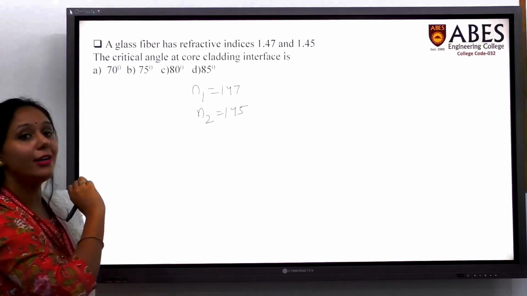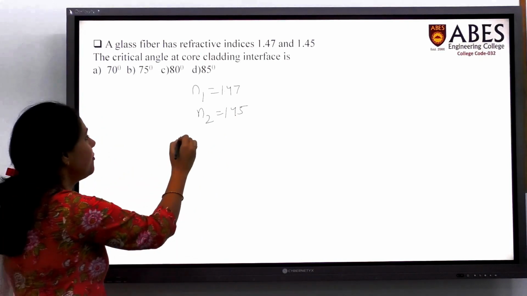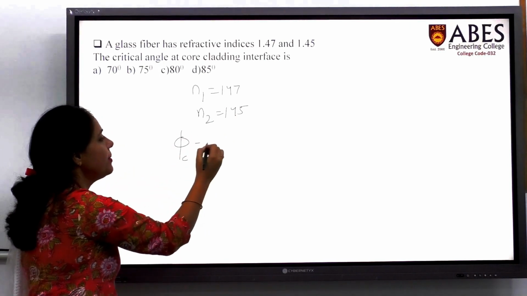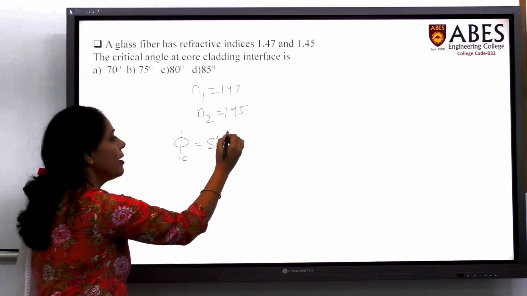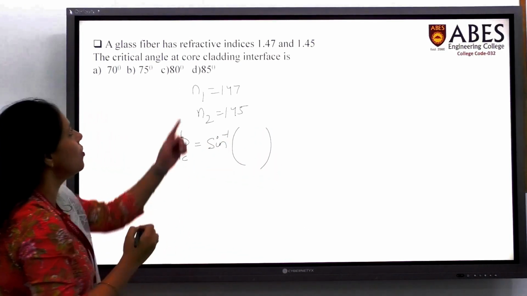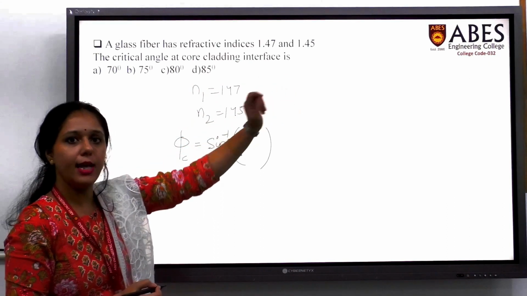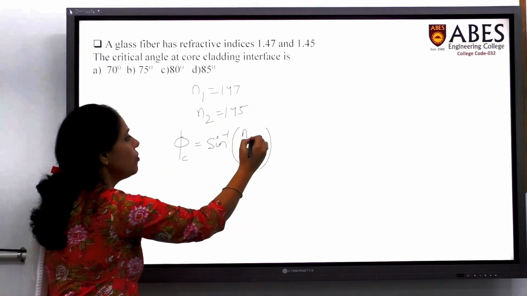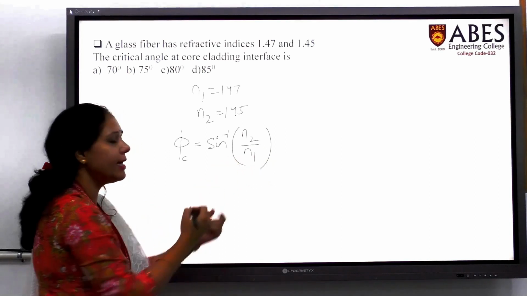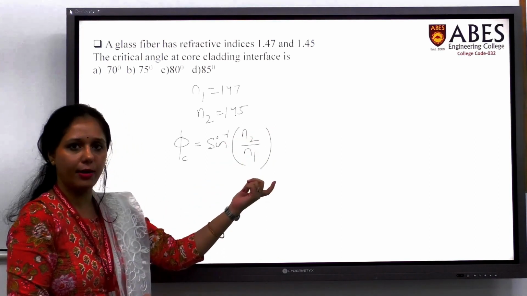We have to find the critical angle phi. The critical angle will be sine inverse of what? If we are talking about the core-clad interface, then it will be n2 by n1, cladding refractive index upon core refractive index.